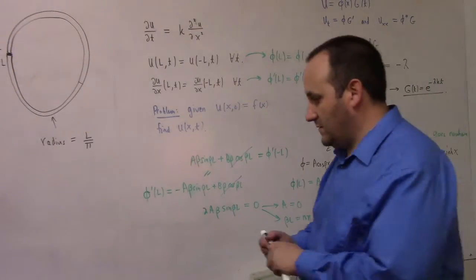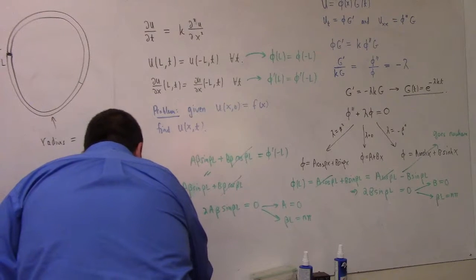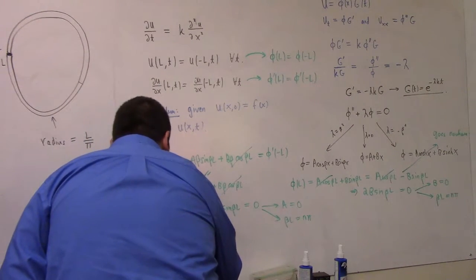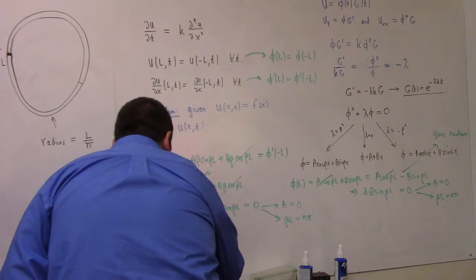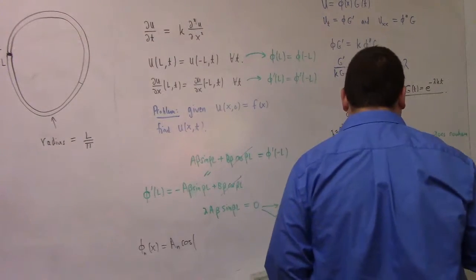So in short, your so-called eigenfunctions, phi n of x, look like a n cosine of what we got? Lambda with beta squared.